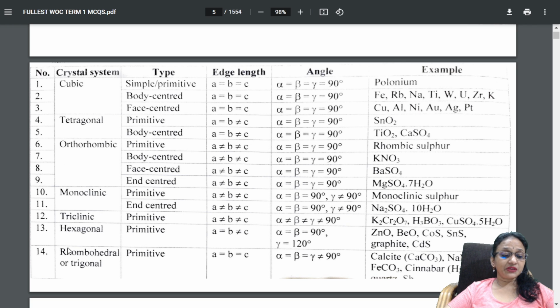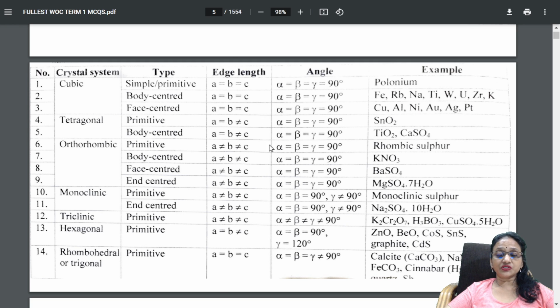So for these 14 Bravais lattices, what is important for the exam? What is the type? So basically cubic is of 3 types, tetragonal is of 2 types, orthorhombic is of 4 types, monoclinic is of 2 types, triclinic is of 1 type, hexagonal 1, rhombohedral 1. So what they're going to ask you in the exam is edge length, right?